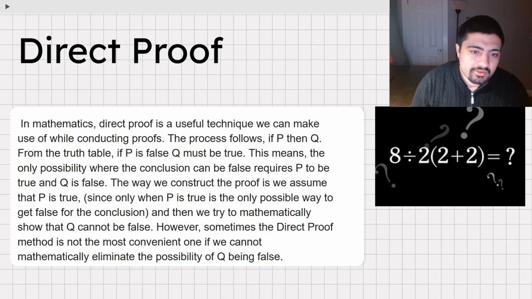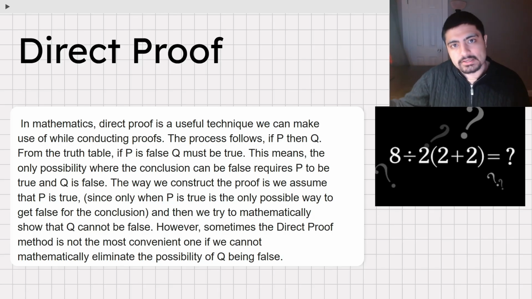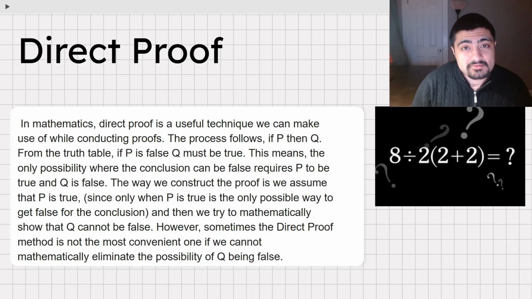And from the truth table, we know that if P is false, the implication will be true, because the truth table is shown as: true implies true is true, true implies false is false, false implies true is true, and false implies false is true. This is a very interesting topic, and I think in the readings we do have that truth table, so I'm not going to go so deep into that.